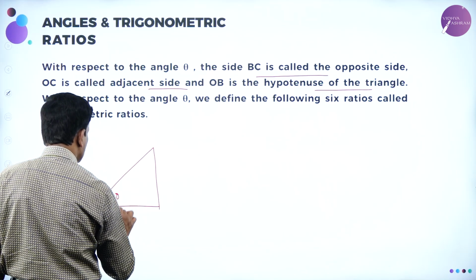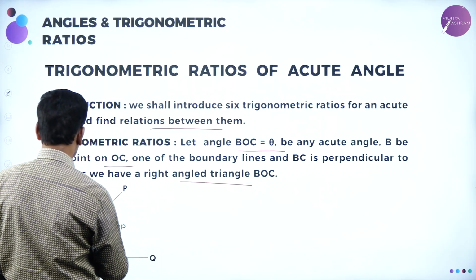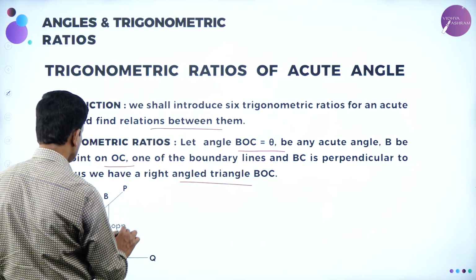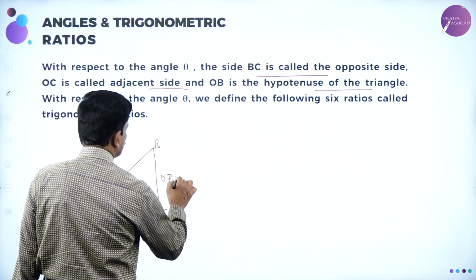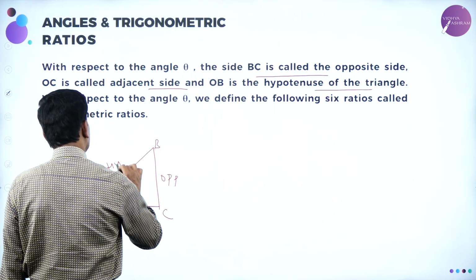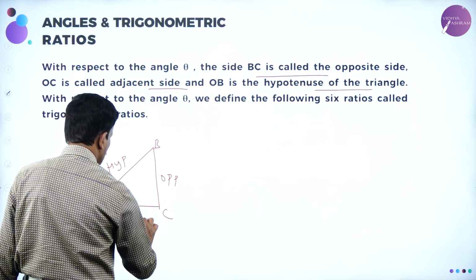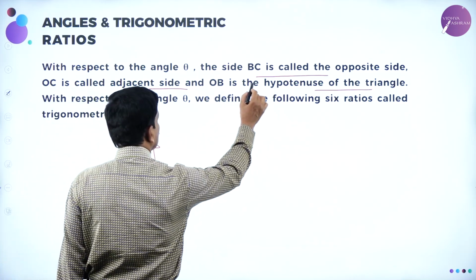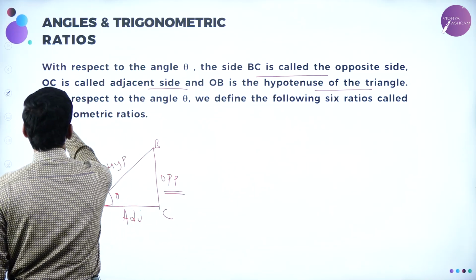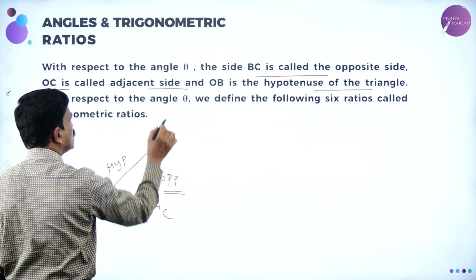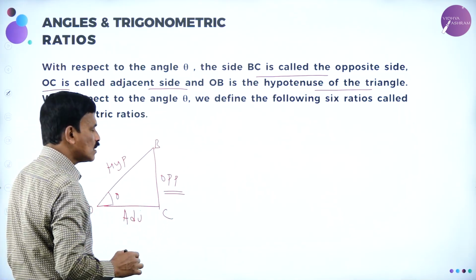So with respect to angle theta, this is angle theta here. This is O, then B and C. Therefore this is called the opposite side, this is the hypotenuse side, and this is the adjacent side. So the side BC is called the opposite side, OC is called the adjacent side, and OB is called the hypotenuse side.